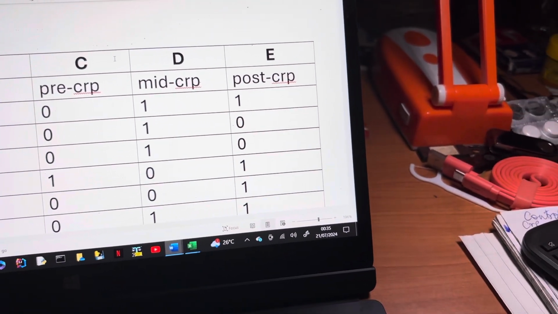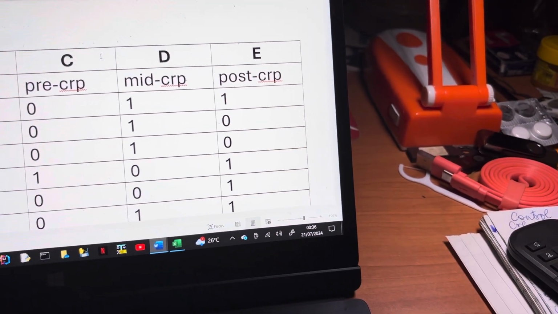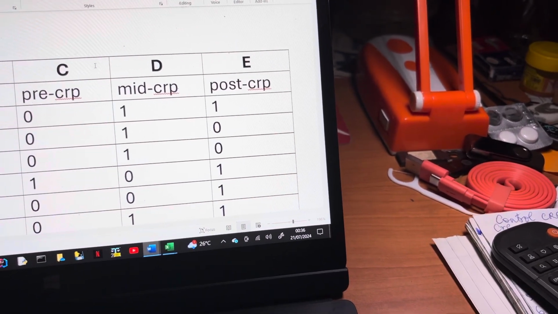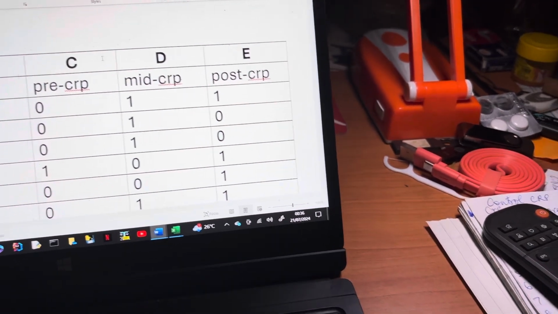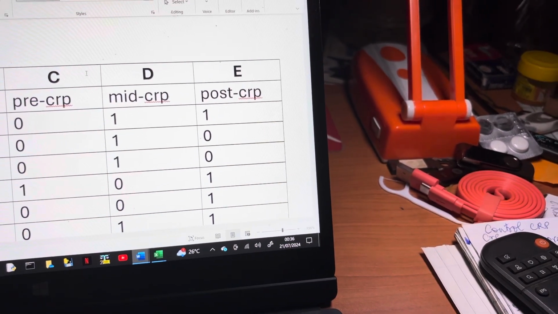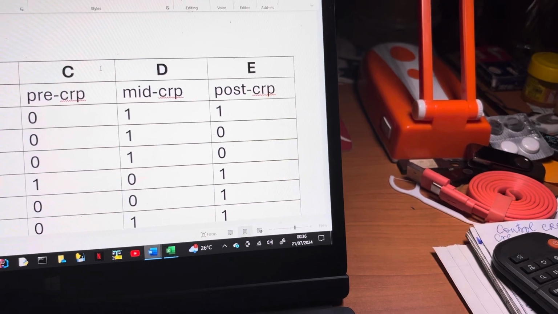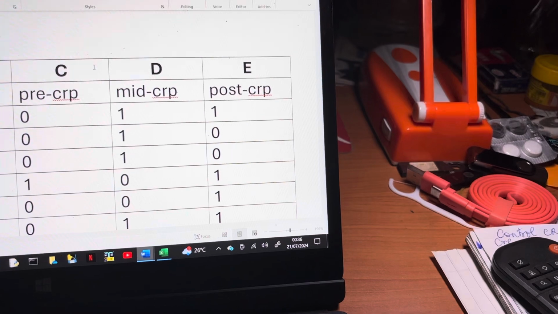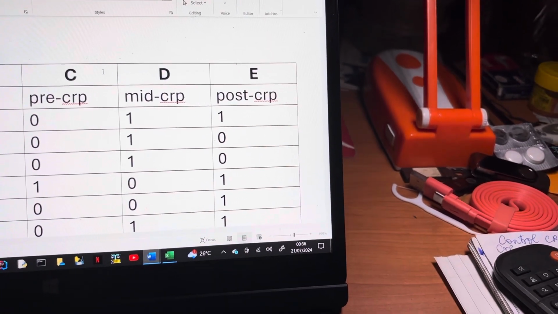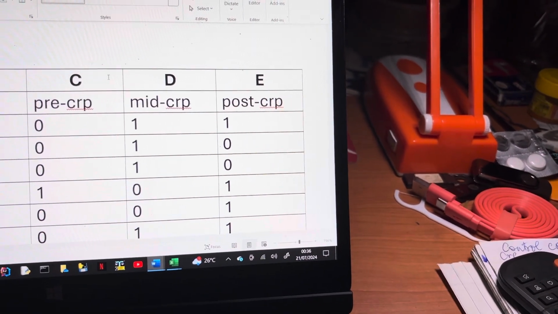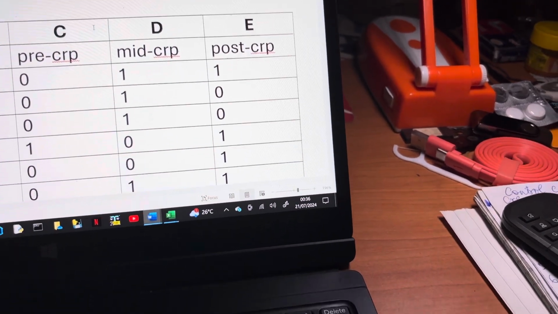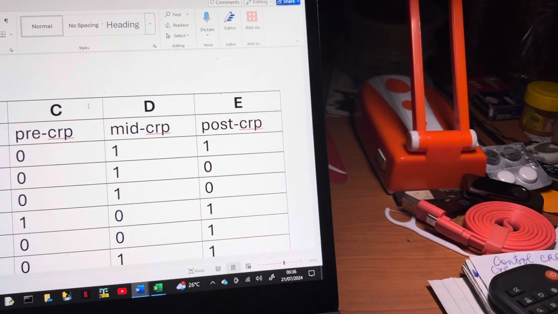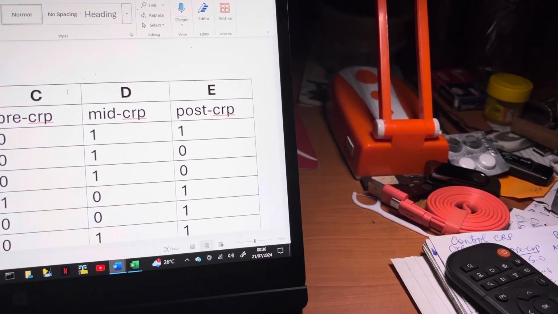Then the second one, which is the mid CRP, that's the mid period of training, it was noted that there's a drop of 1 in the CRP of the subject. And also, after the post, it was also noted that there was another drop there.